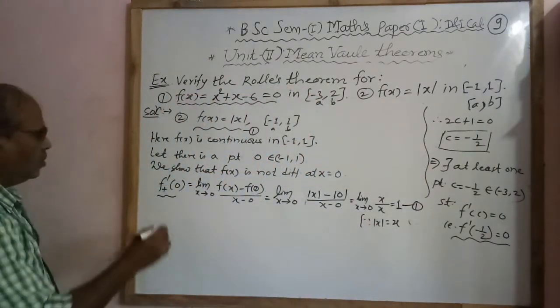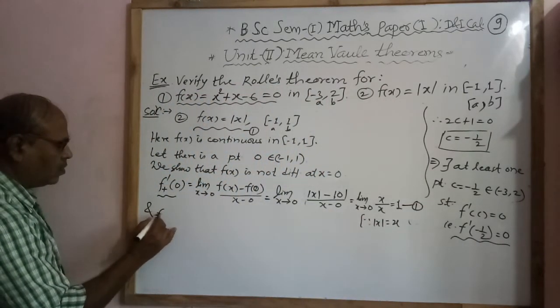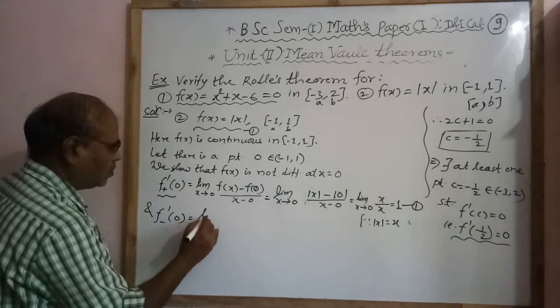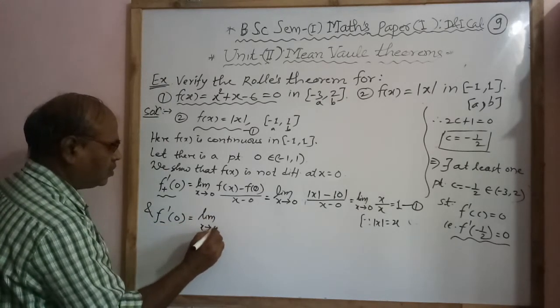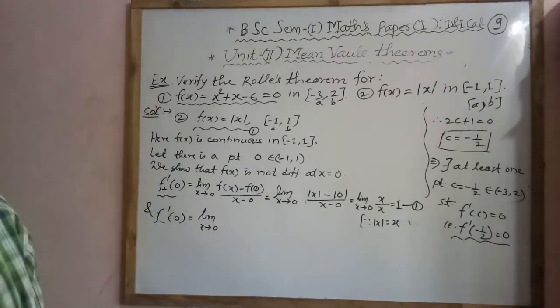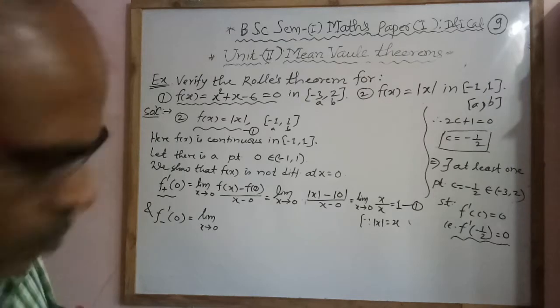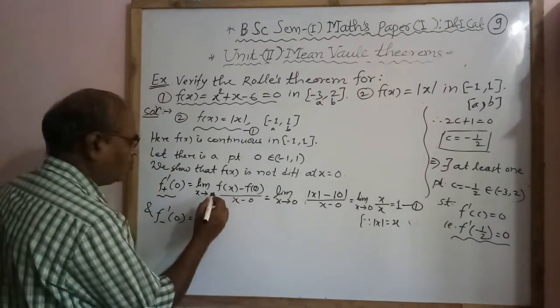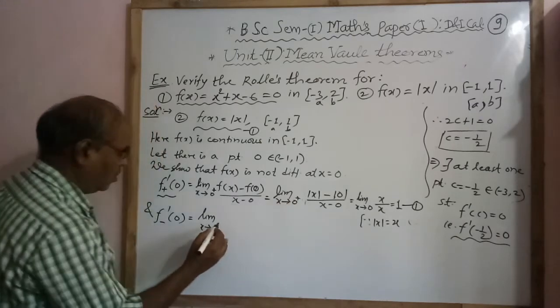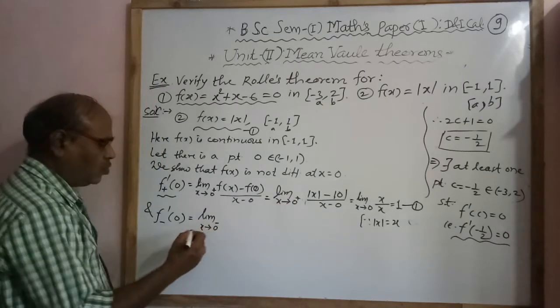Then we find the left hand derivative, f dash of 0 minus. For the right hand derivative we write x tends to 0 plus. For the left hand derivative we write x tends to 0 minus.